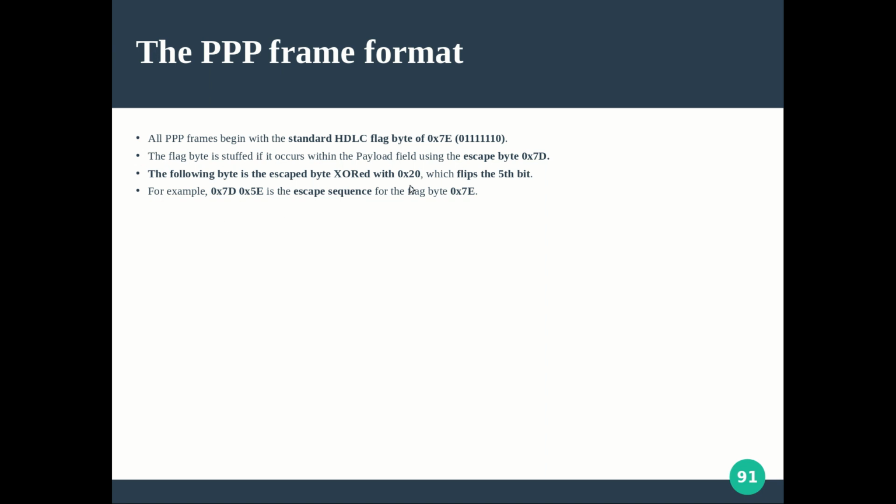The last nibble E occurs in the message as it is, and the 7, when XORed with 2, gives 5. The second last bit of the 7 is flipped: 0111 becomes 0101, that is 5. So the information is sent as the escape sequence followed by the original payload pattern XORed with 0x20. Hope it is clear.